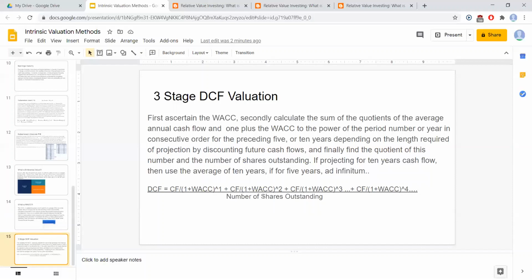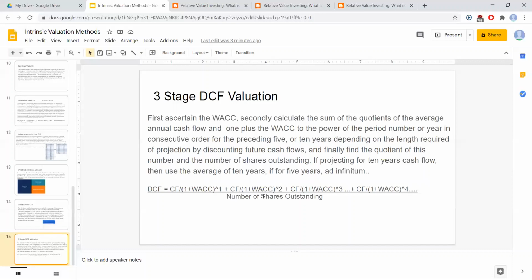So essentially, it's the sum of the cash flows of 10 years, all discounted over time according to the weighted average cost of capital and the period number or the year of the cash flows in question, divided by the number of shares outstanding.